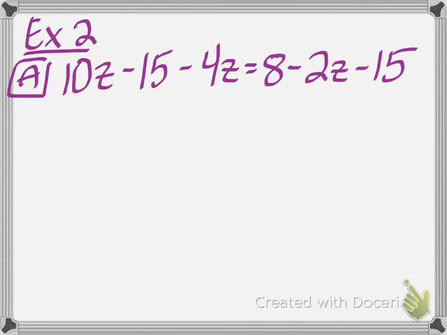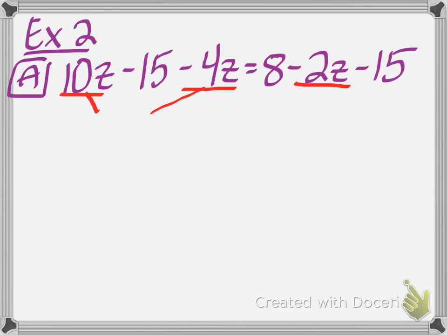Example 2a, this one's way more complicated. 10z minus 15 minus 4z equals 8 minus 2z minus 15. Before I collect and move all of the variables together, I'm going to combine these two like terms first.